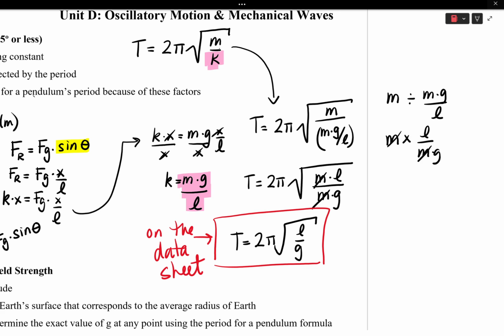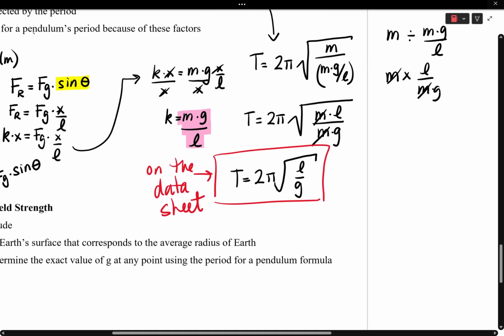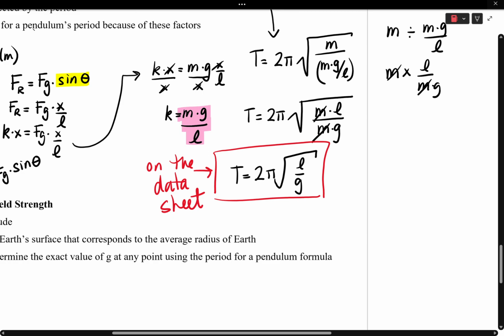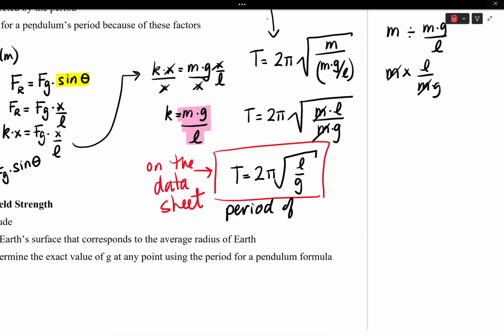If we're solving for the period of a pendulum, which is what we're doing here, you will notice that the time it takes for the pendulum bob to swing back and forth is only dependent on two things.